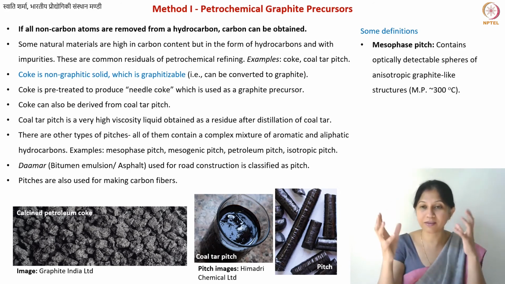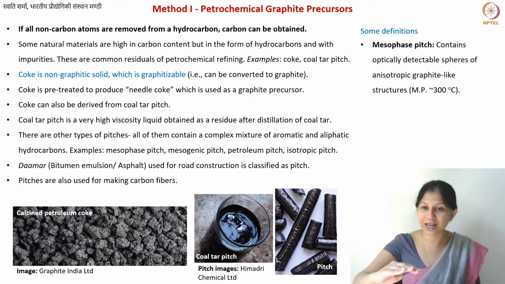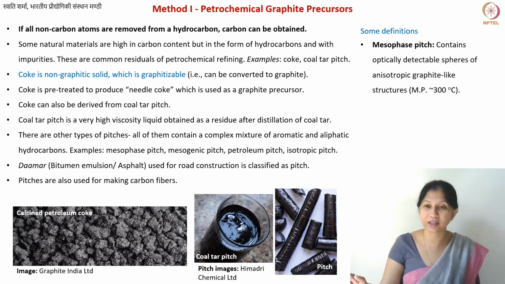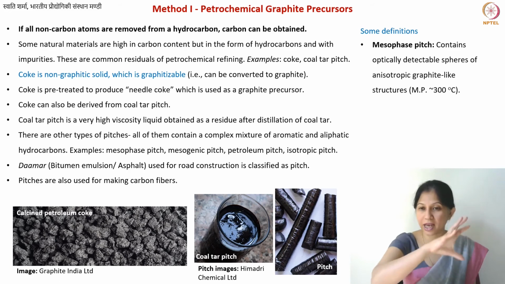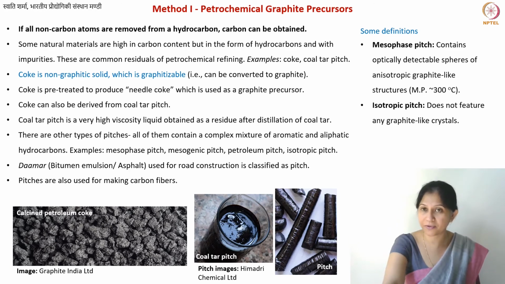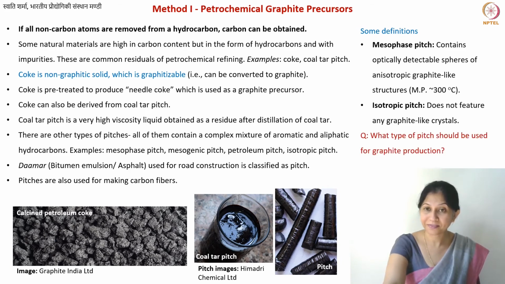Isotropic means it will be same in all directions, but this already has a preferred direction, let's say. And these are even optically detectable. This material is more like what you know as liquid crystals. So you have crystals, but all together they have a certain flow, so you will not call it a crystalline solid. That is your mesophase pitch. Isotropic pitch, on the other hand, does not have these kind of graphite-like crystals.